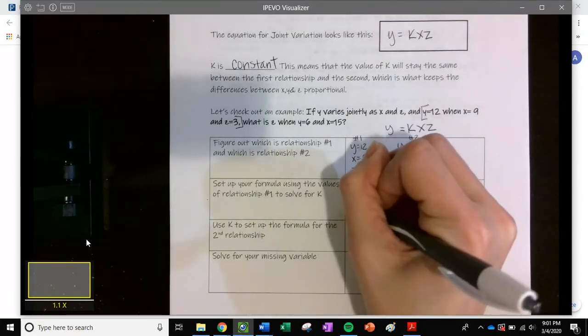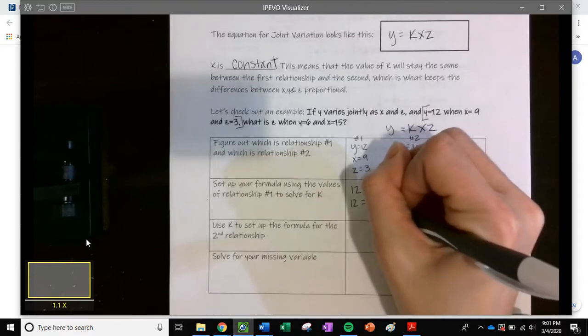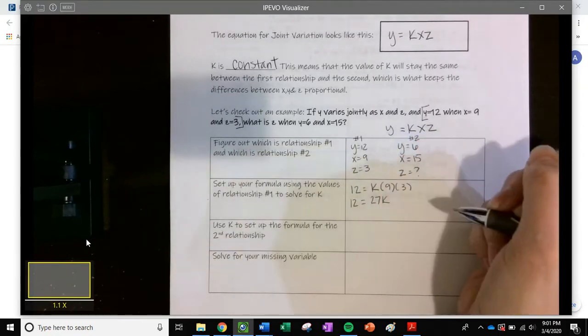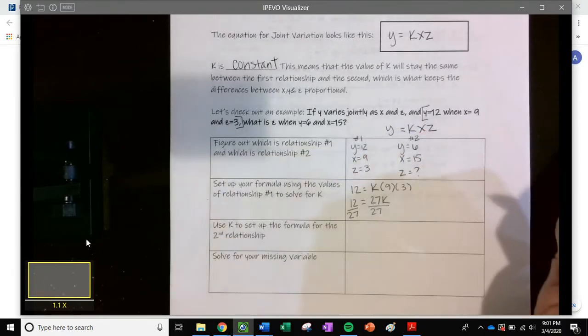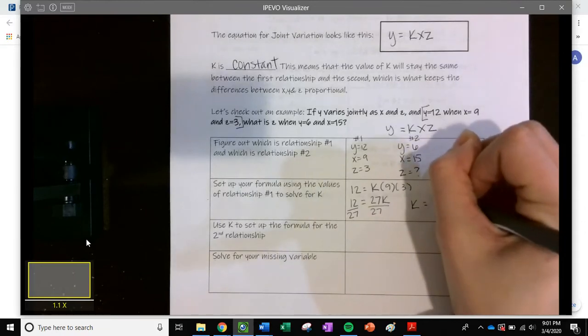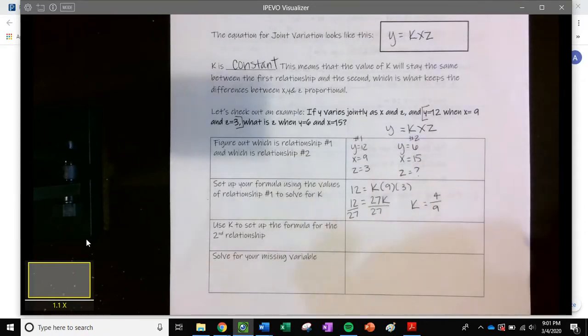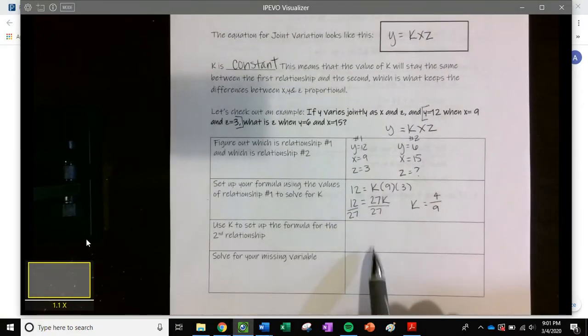So that means we've got 12 equals k times 9 times 3, 27. If we're dividing by 27 and dividing by 27, then what are we going to get here? A cute little fraction, 4/9, right? Because we can reduce each of these by 3. 12 divided by 3 is 4. 27 divided by 3 is 9. So I've got this fraction of 4/9.